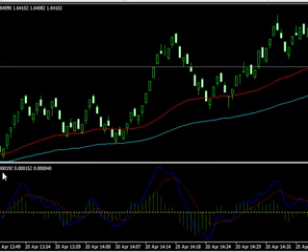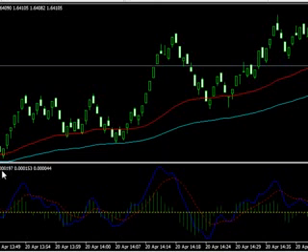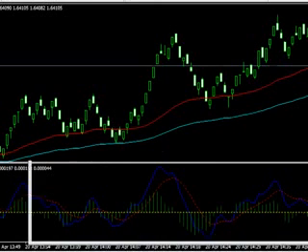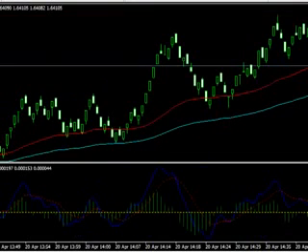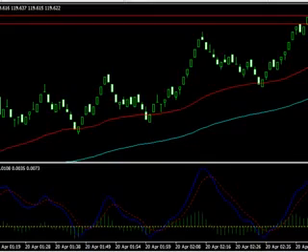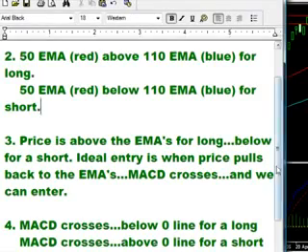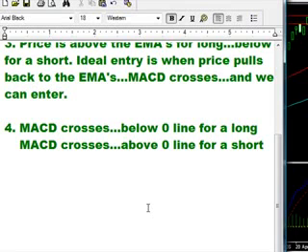Now the MACD settings, they'll be different, and we've kind of messed around with a bunch of settings. We've tried, write these down here, 4-8-8, 4-8-5, and 8-16-5.